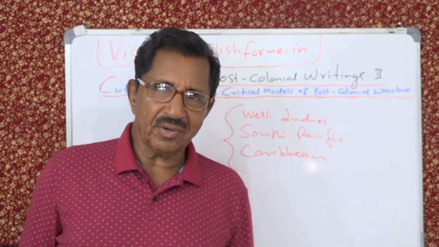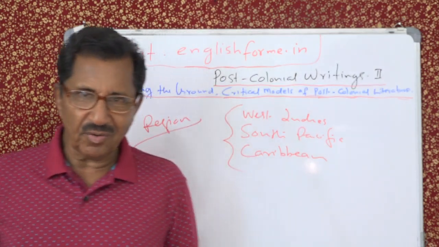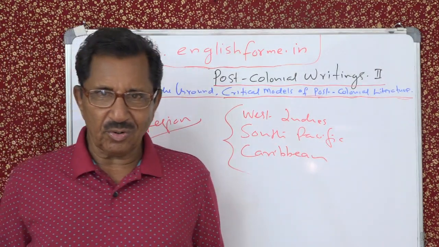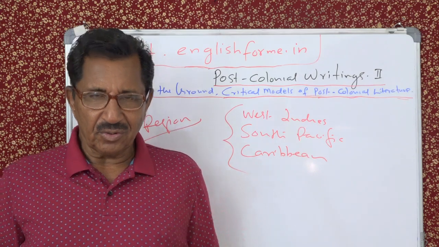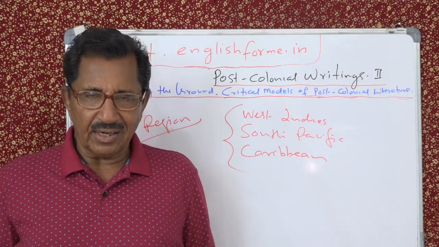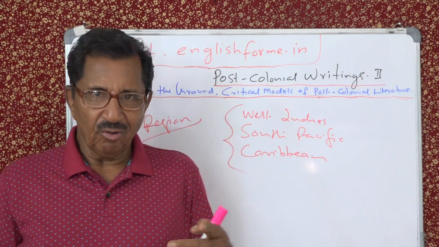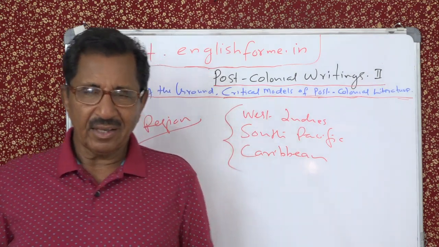So the main points we have so far seen, just a quick review of this. What is post-colonial literature? The writings, they have a special quality. What is the special quality? That we saw.